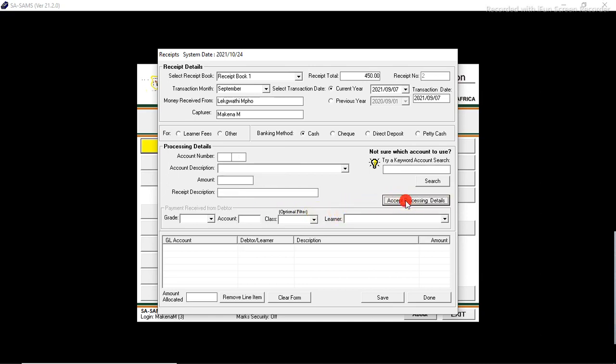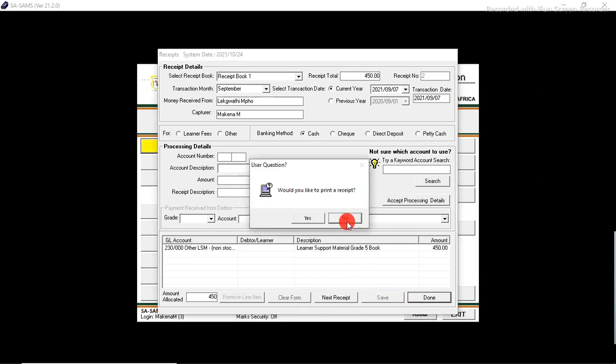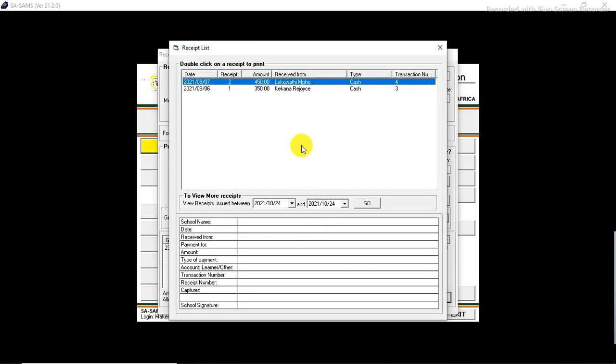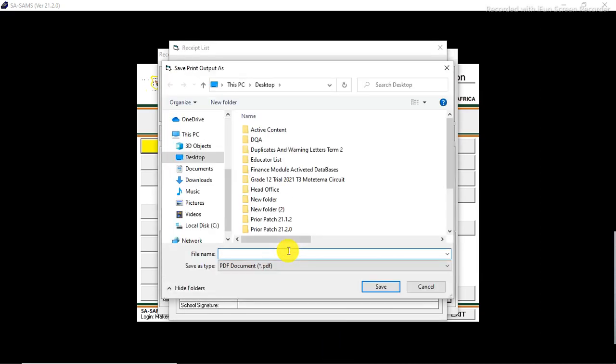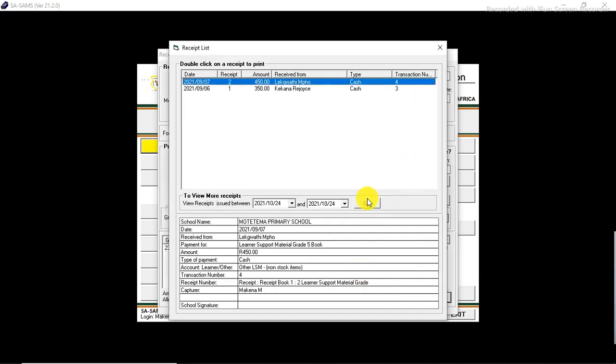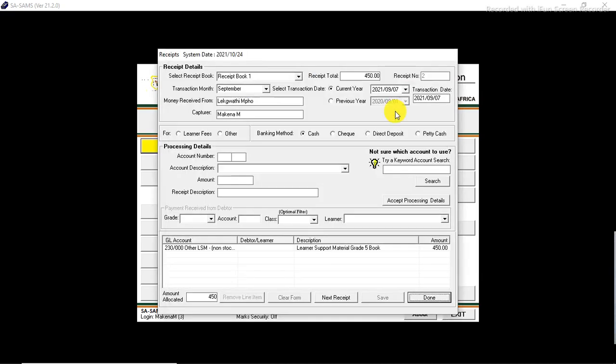Okay. Then you accept it, then you save. Then it says another receipt. You say, yeah, I want to give Lehwati receipt 2. Save. And now you just simply close it there.